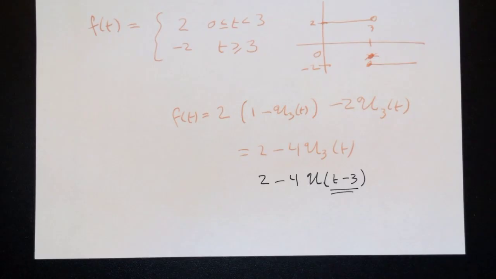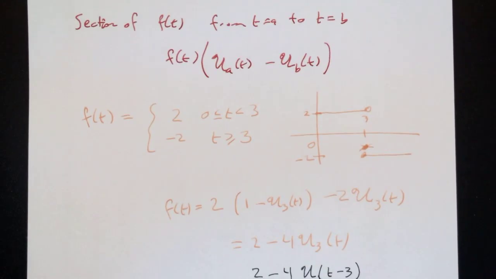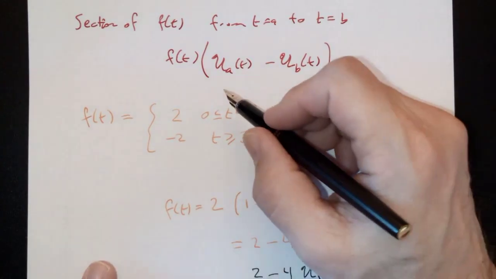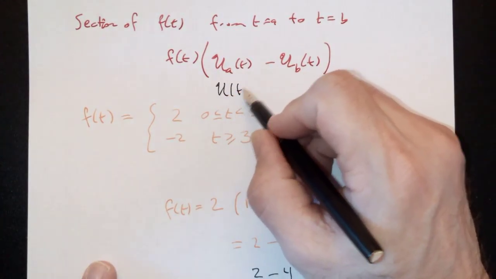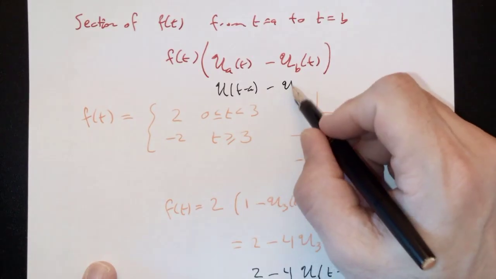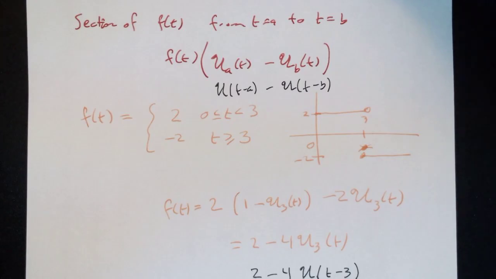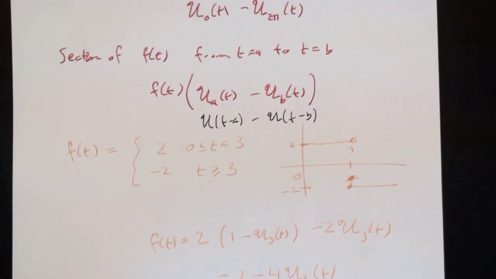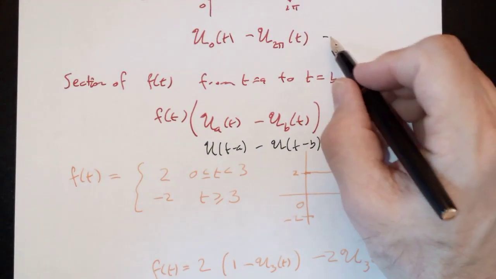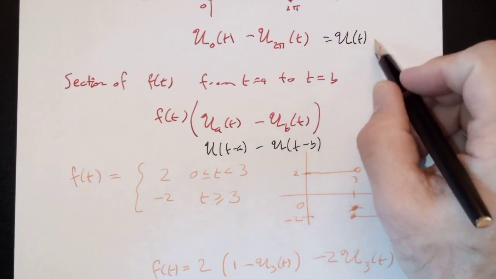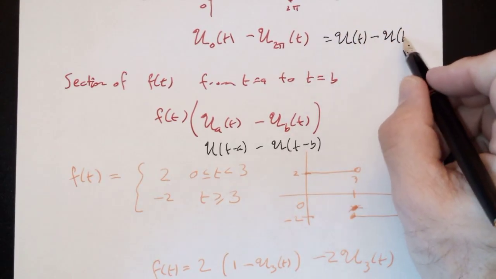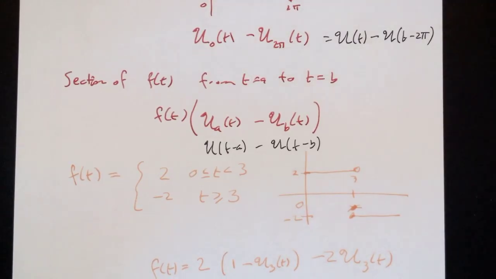Back in the previous example, where we'd turn it on at A and turn it off at B, I can write this as U of t minus A and U of t minus B. Those are shifts. Up here with the 0 and 2 pi, that would be U of t minus U of t minus 2 pi. So I can think of those subscripts as shifting my turn on, turn off point.